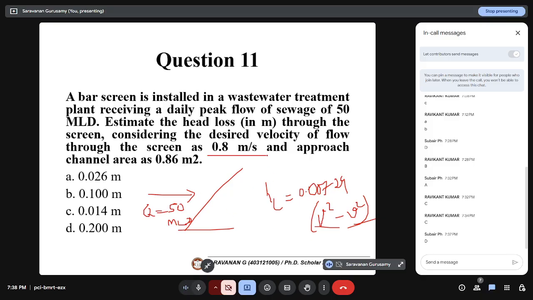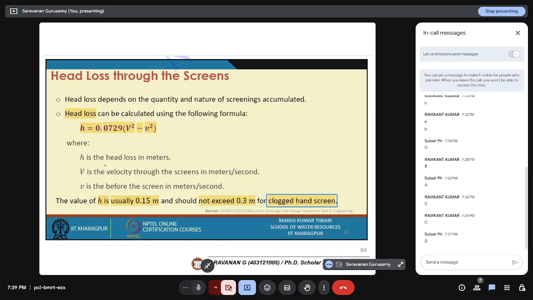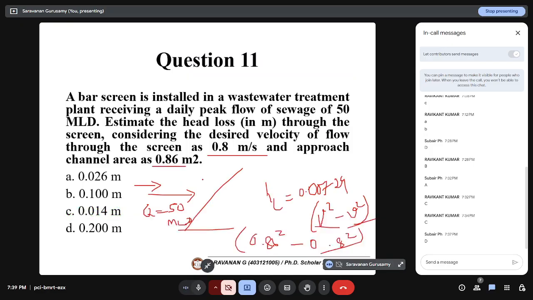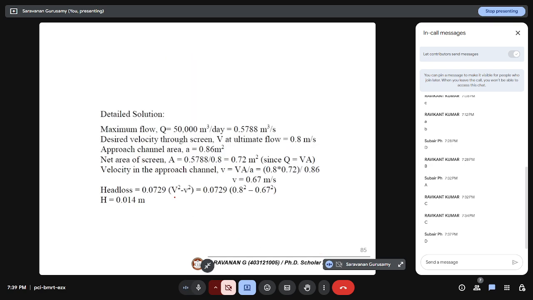So 0.8 meter per second is given as the velocity of flow through the screen. Flow through the screen will always be higher, and the approach velocity is 0.86. So 0.0729 into 0.86 square minus 0.8 square, and you will get this answer.